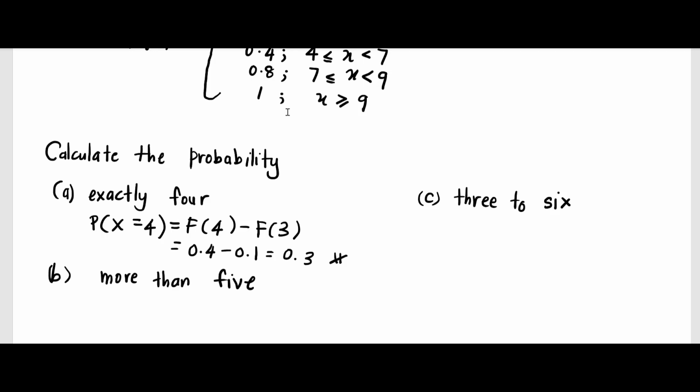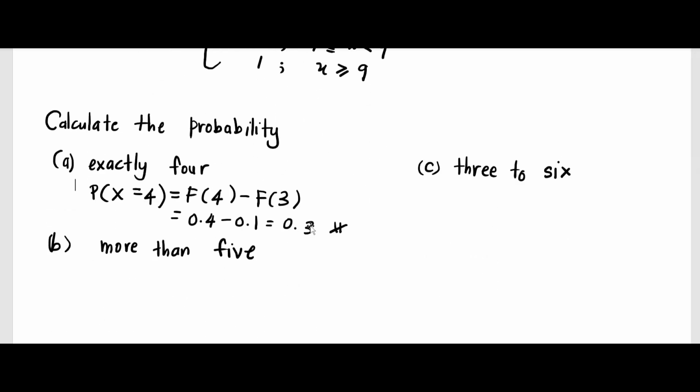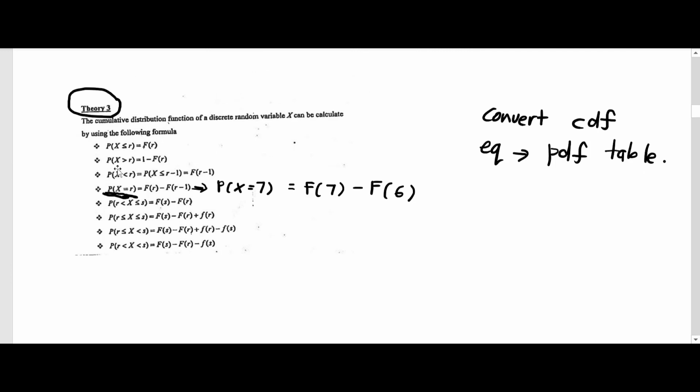Now, the second question: more than 5. The probability of x more than 5. So we go back to the theory tree. X greater than 5 comes from here. The probability x greater than 5 is equal to 1 minus F5.